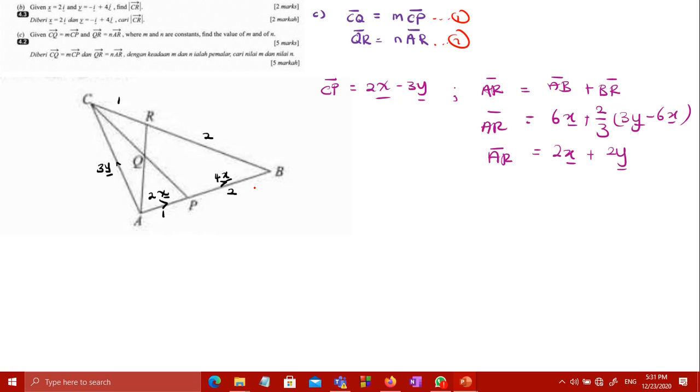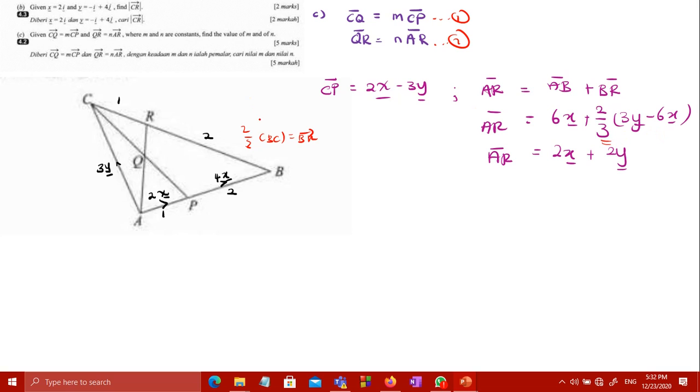Okay, AR, AB, we know AB, and BR, I also know BR, which is 2/3 part out of BC. So this is BR, which is what I have mentioned over here.